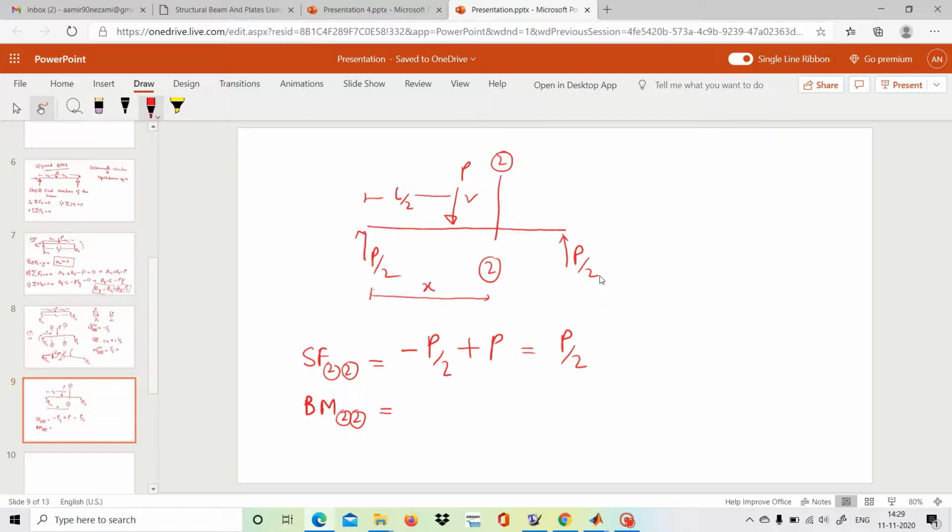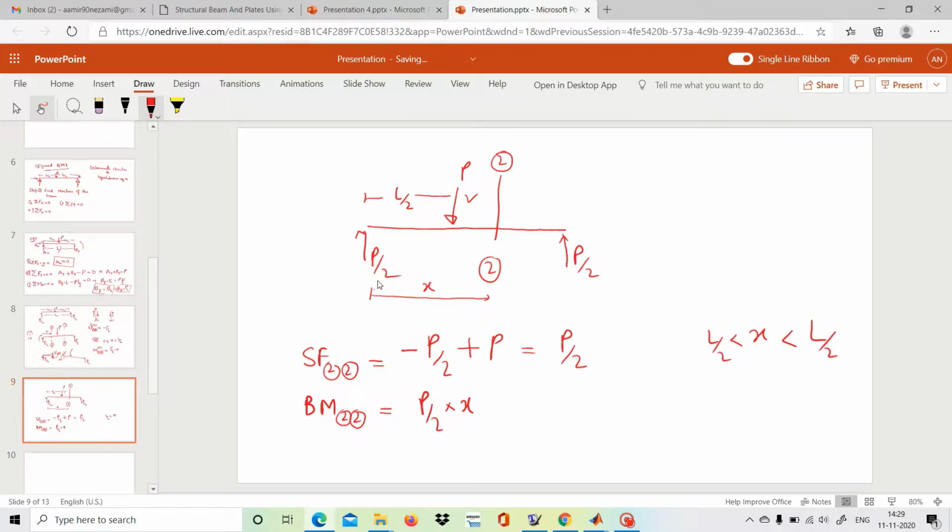The bending moment at this section 2 2 would be the sum of all the moments acting on the beam either left or right of the section. If we are calculating from the left-hand side, it would be P by 2 into distance x, and x would vary from L by 2 to L here.